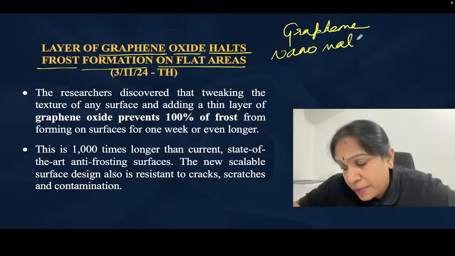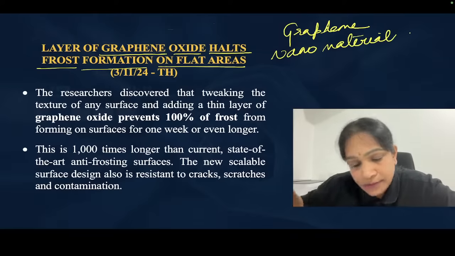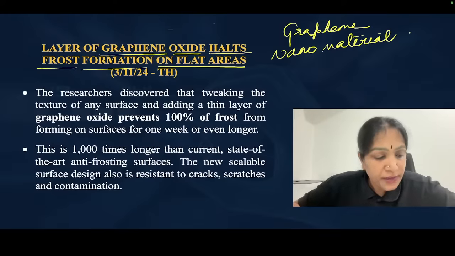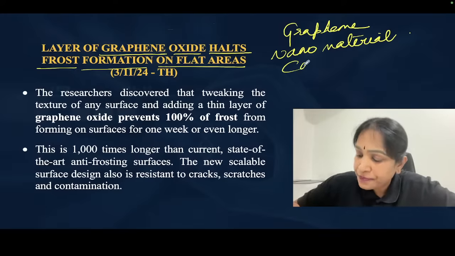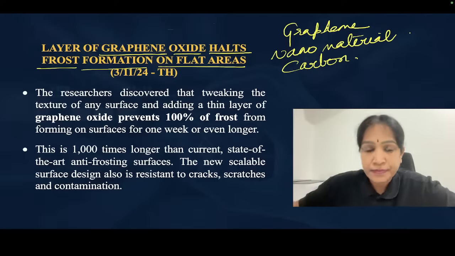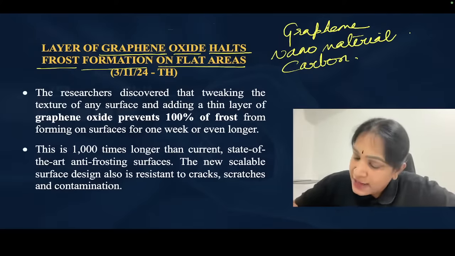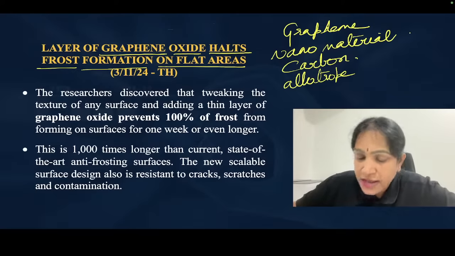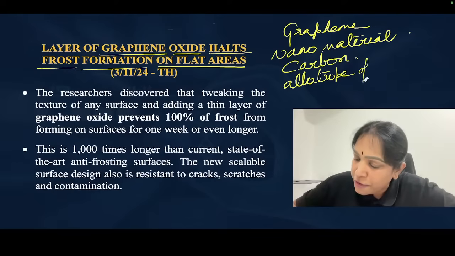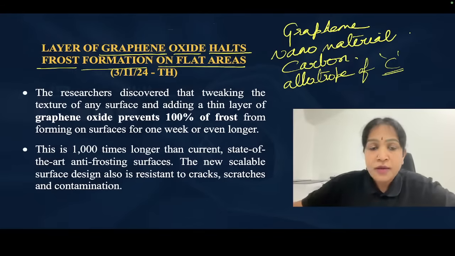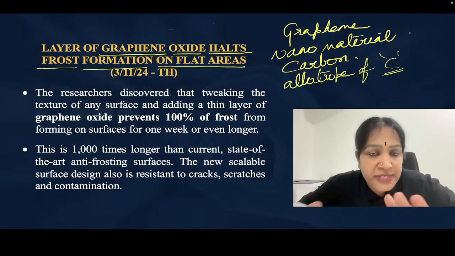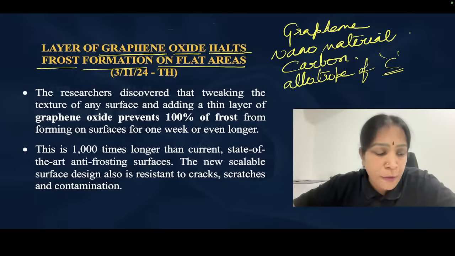Yes. What is it made of? Graphene is made of carbon, and it is an allotrope of carbon, isn't it? What do you mean by allotrope? Are allotrope and isotope the same?